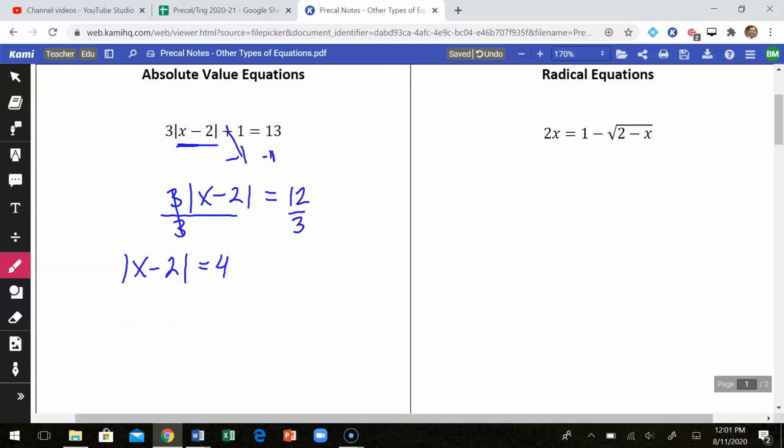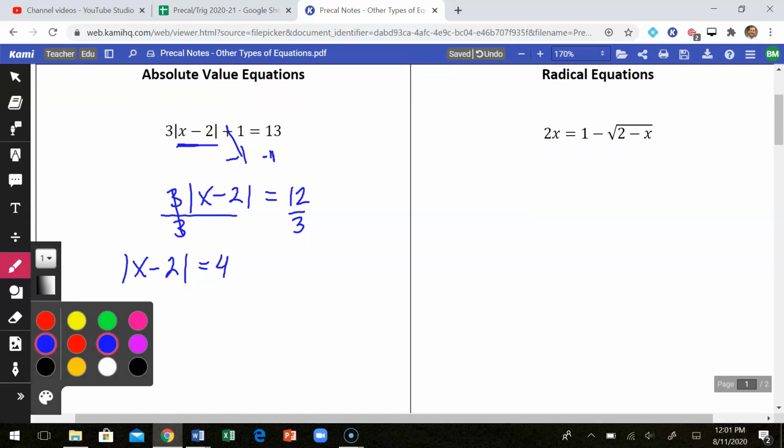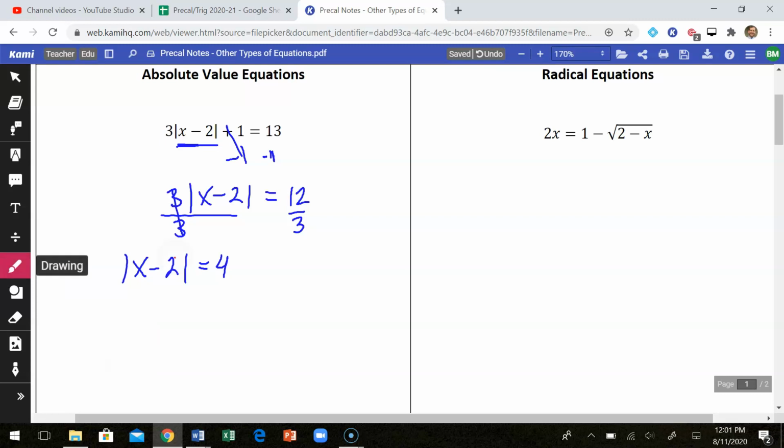Once you have isolated the absolute value, if you really think about what absolute value is saying, it is saying that the expression on the inside needs to either be 4 or be negative 4, so that when we take the absolute value of that, we get 4.